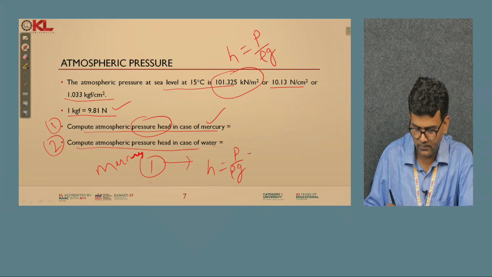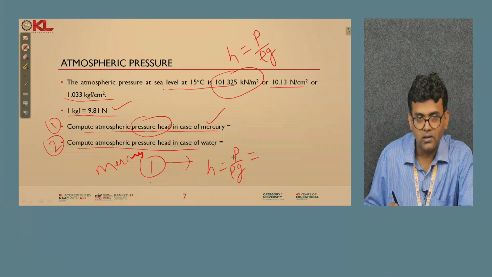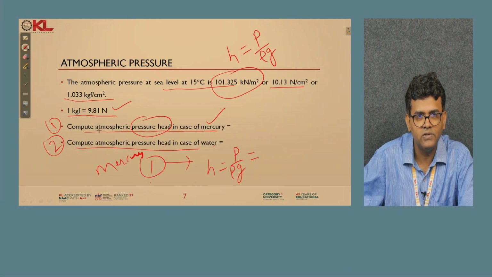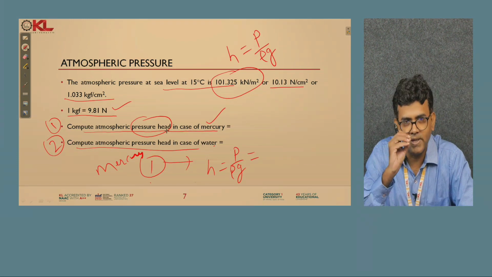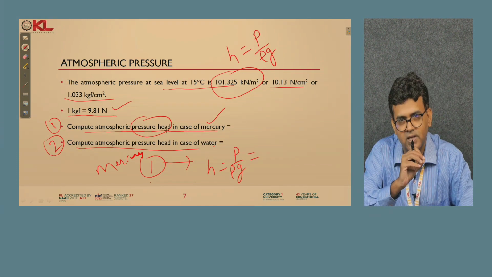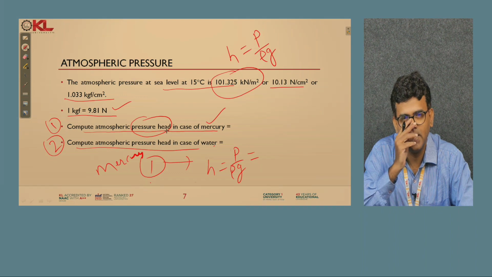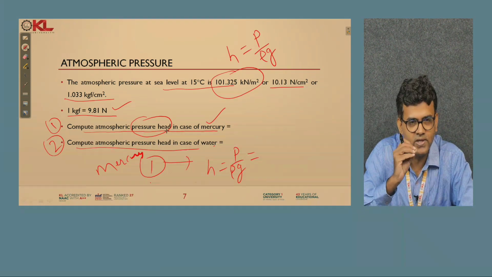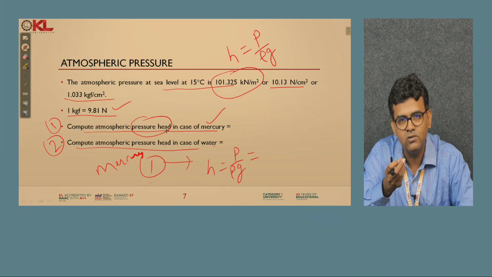So how much pressure is there? You have to compute the atmospheric pressure head. How can we define the atmospheric pressure head? When the pressure is atmospheric pressure, the corresponding head is called the atmospheric pressure head.